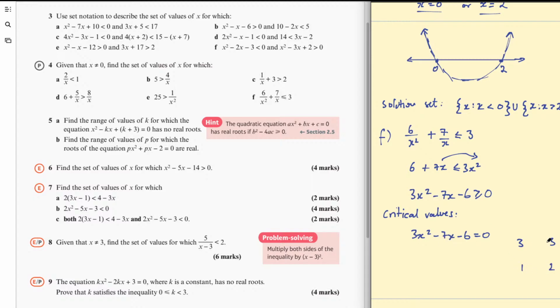So this would have to be a negative 3 and a positive 2, and we'll be able to factorize. So this is going to be 3x plus 2 and x take 3. That should expand out to 3x squared take 7x take 6. So then my critical values are negative 2 on 3 or 3.